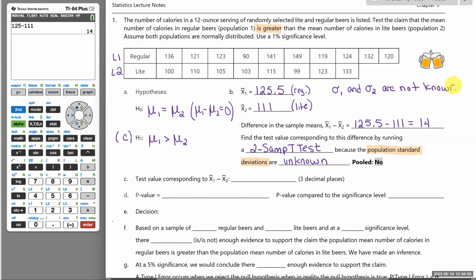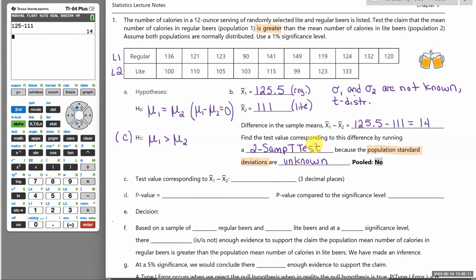Whether we're doing confidence intervals of a mean or a 1 population hypothesis test or a 2 population hypothesis test, when we don't know sigma, everything relies on the t distribution. So that's why we're doing our 2-sample t-test.